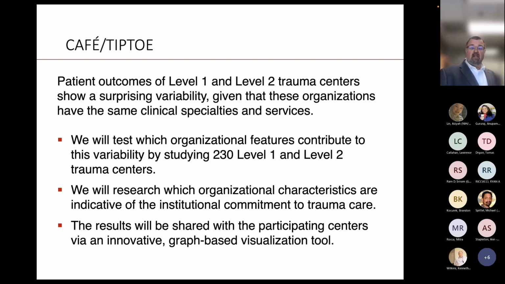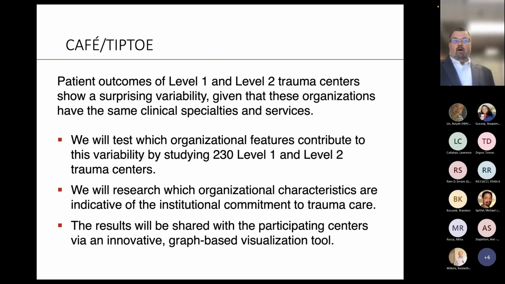I mean, the difference between a level 1 and a level 2 is that the level 1 is an academic medical center, but all of the other components of those centers are greatly the same, but even within only level 1. So if you said, well, maybe there's some magic happening because it's academic, but even if you compare only level 1s and only level 2 trauma centers amongst each other, the outcomes are still highly variable.